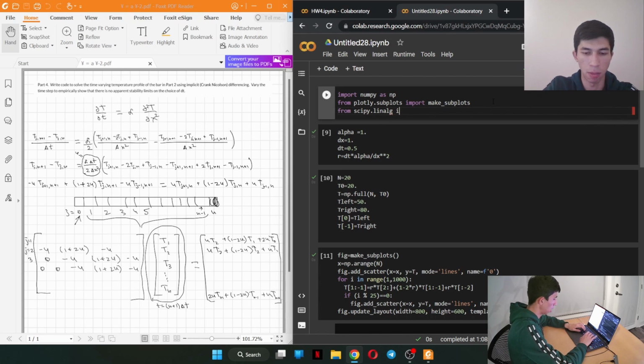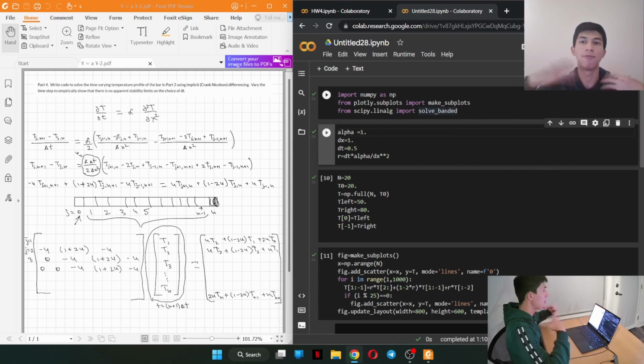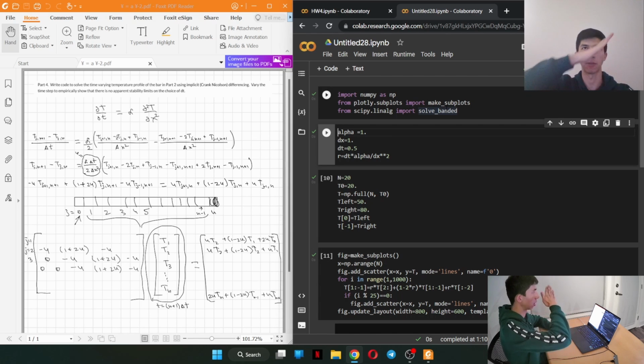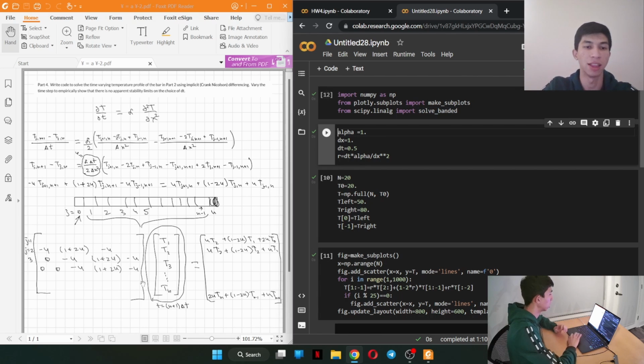We're going to import solve_banded. Solve_banded is a function that uses diagonal matrices to find the values. So using solve_banded, we know this matrix and this array, so we can solve for the temperatures at a later time.